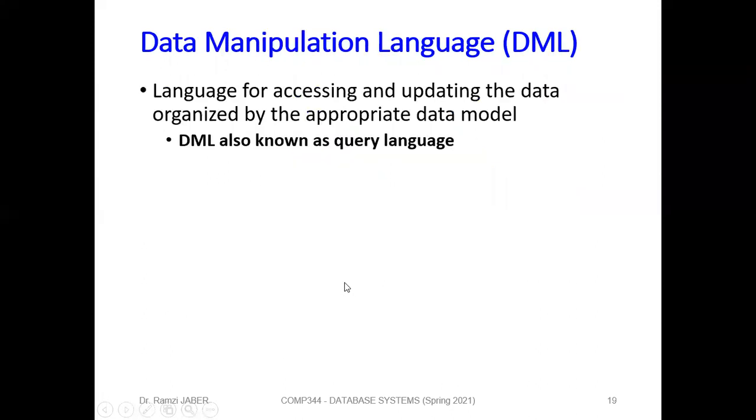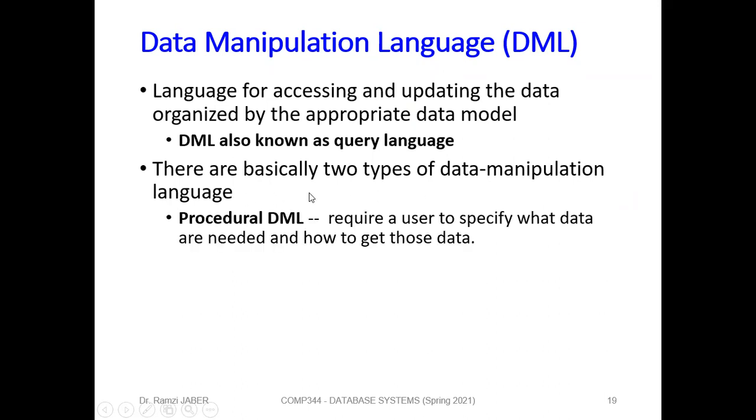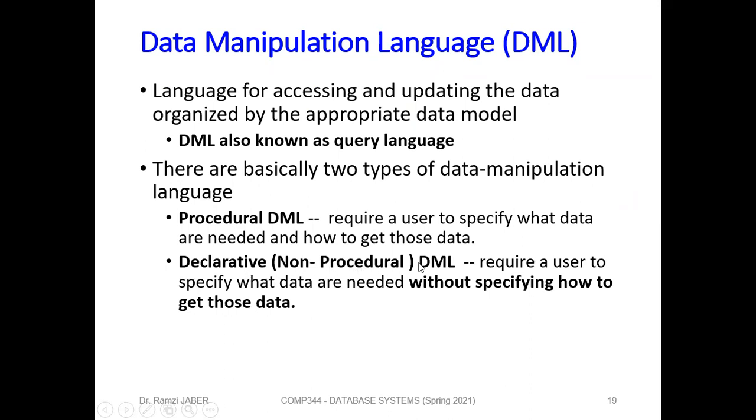Now we'll talk about another language called the data manipulation language, DML. It is a language for accessing and updating the data organized by the appropriate data model. DML is also known as a query language. We'll see it in Microsoft Access. There are basically two types of data manipulation language: procedural DML and non-procedural DML.